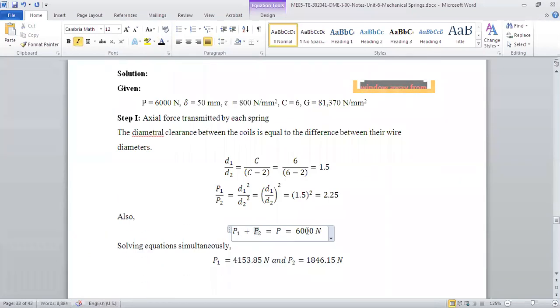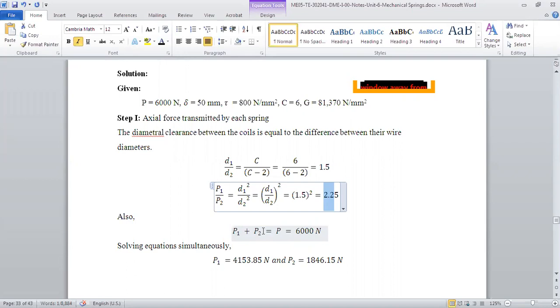So P1 plus P2 is equal to 6,000, and P1 upon P2 is equal to 2.25. P1 is equal to 2.25 into P2, so 2.25 plus 1 is 3.25, and P2 is 6,000 upon 3.25.